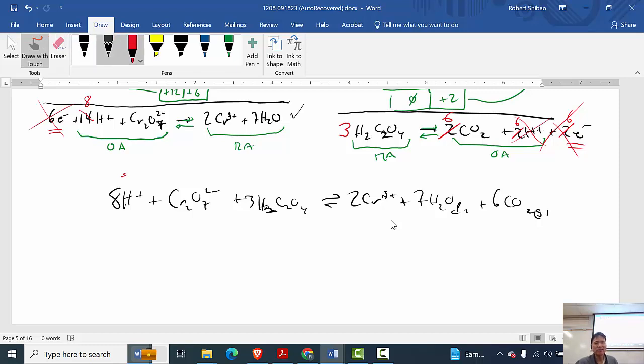So 8 hydrogens plus 6 hydrogens, 14 hydrogens on the left. 7 times 2 is 14 hydrogens on the right. 2 chromiums on the left, 2 chromiums on the right. 7 plus 12, 19 oxygens on the left. 7 plus 12, 19 oxygens on the right. So it's balanced. And then the charge: plus 8 minus 2 is plus 6. And then 2 times plus 3 is plus 6. So this looks good.